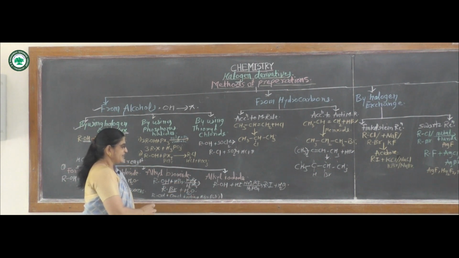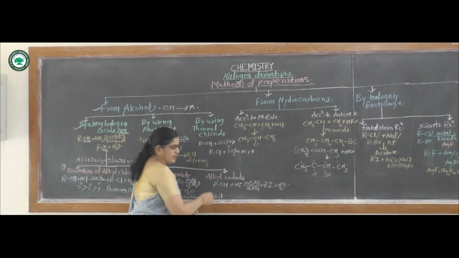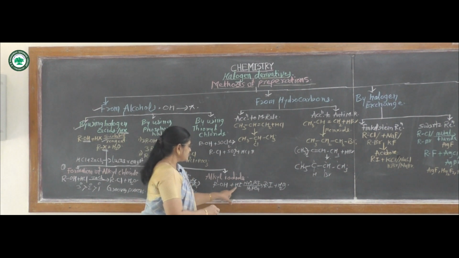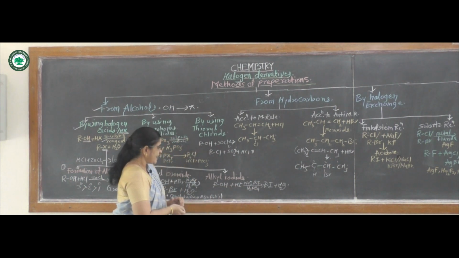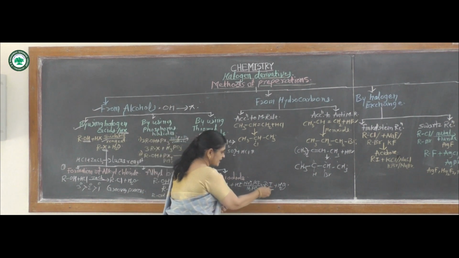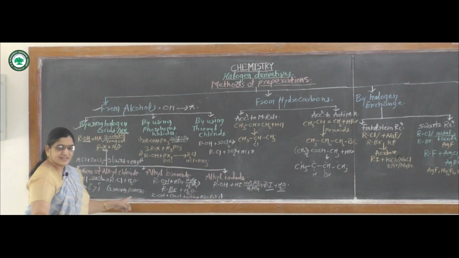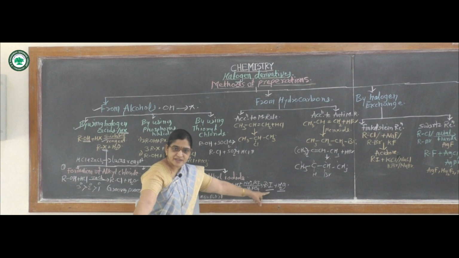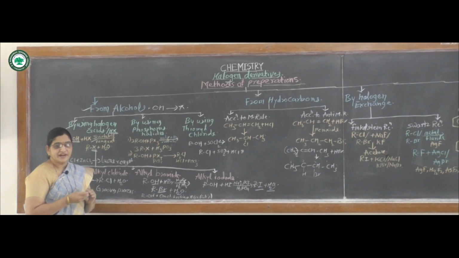Third, preparation of alkyl iodide. In this reaction, alcohol ROH reacts with hydrogen iodide, HI, in the presence of sodium iodide or potassium iodide and phosphoric acid, H3PO4. It gives alkyl iodide plus H2O. In this way, in the first method, alkyl chloride, alkyl bromide and alkyl iodide are prepared in the presence of suitable reagents or under suitable conditions.